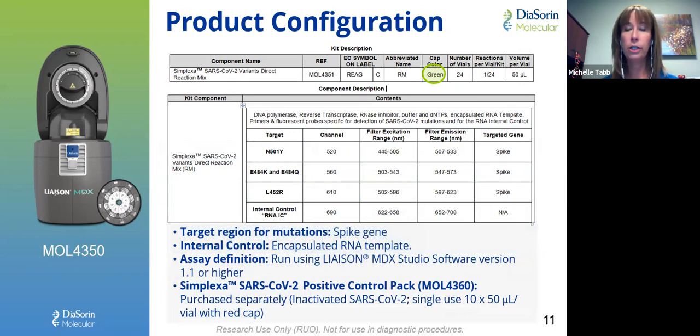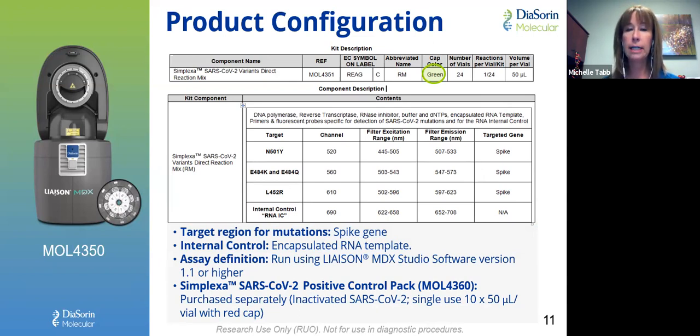The product configuration, as you'll see from the instructions for use, is exactly like our other Simplexa product lines. In this case, our Simplexa Variants Direct Reaction Mix has a green cap to distinguish it from the cap color of the standalone Simplexa COVID-19 Direct Kit. And you can see also that in our 4 channels there, we have the different mutations that are associated with each of those channels in terms of their detection.